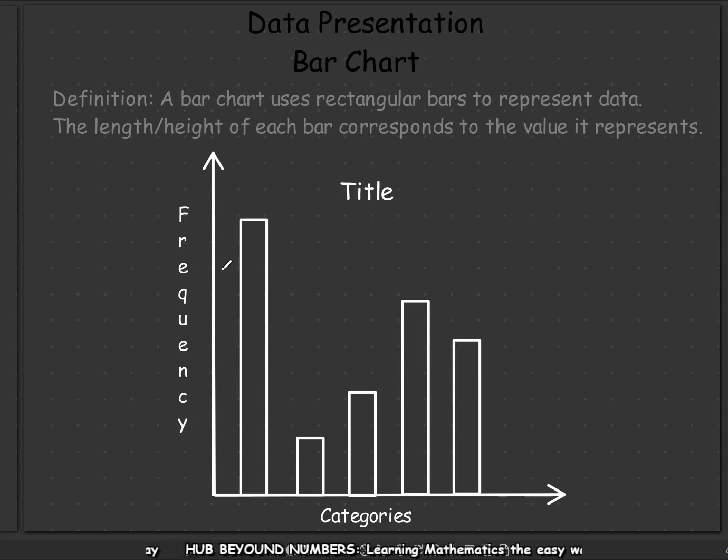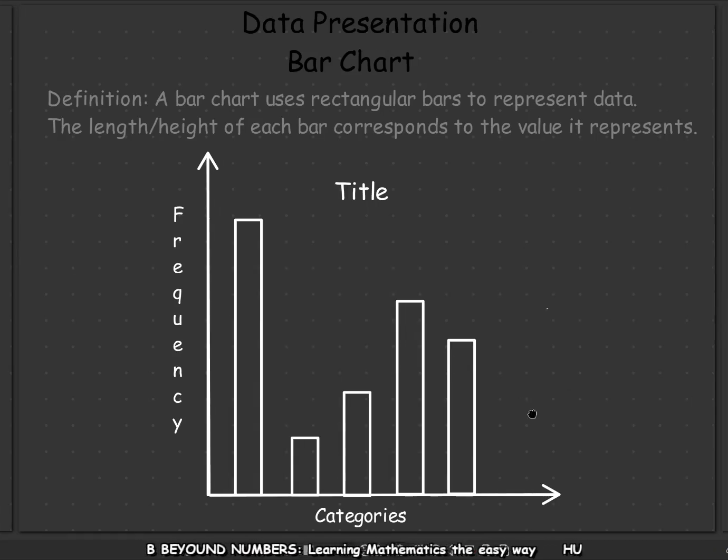So you let us know your scale. If you're using 0, 5, 10, if you are skipping in 5s, you just let us know that scale as well. If you're able to do all this, you can now go straight and draw your bar graph, or your bar chart. So let's look at some examples on our next page with a question.